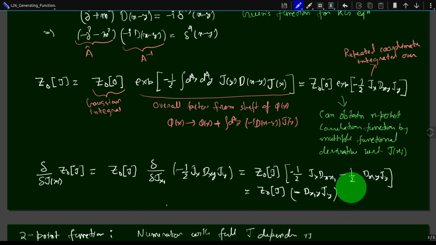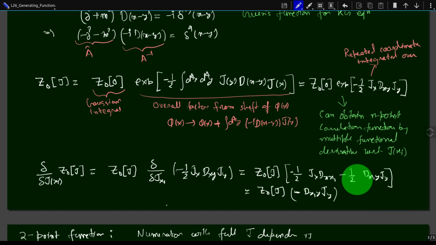We also take the derivative acting on J(y), and when it acts on J(x), I get this particular term D(x1, y) J(y). Now D(x, y) is a symmetric function, so this piece and this piece are nothing but the same, because the only difference is the name of the dummy variable, which is integrated out.